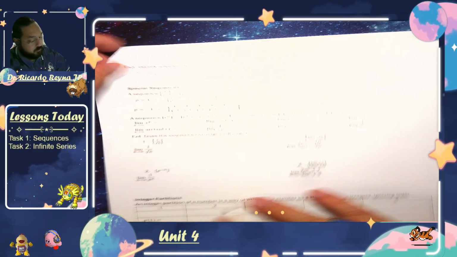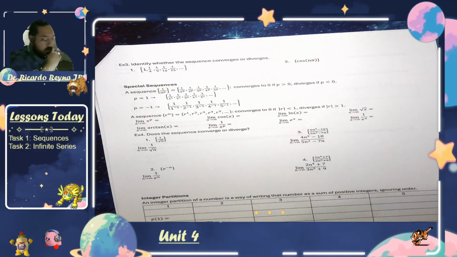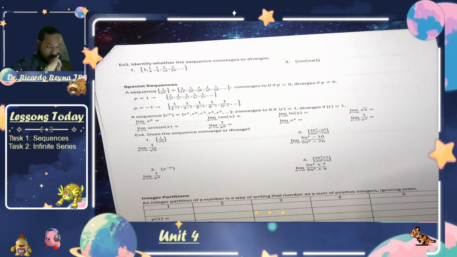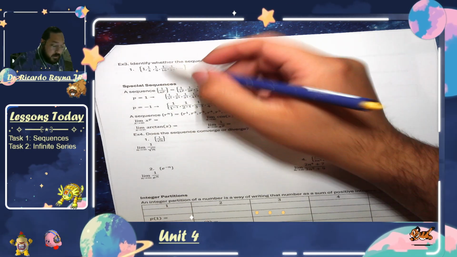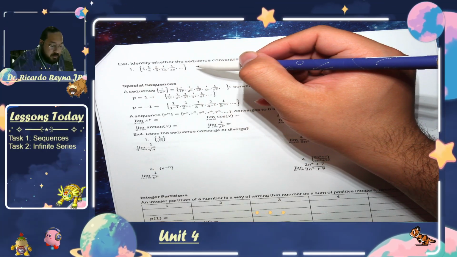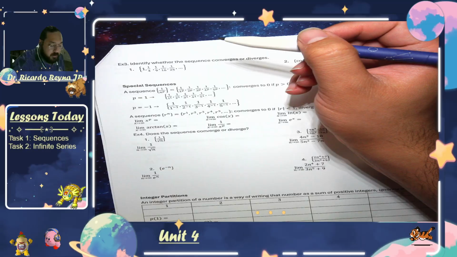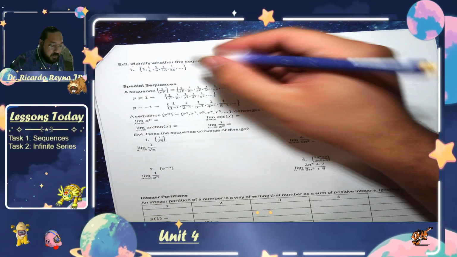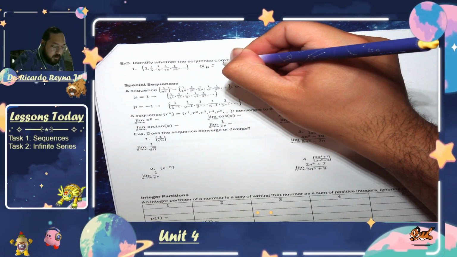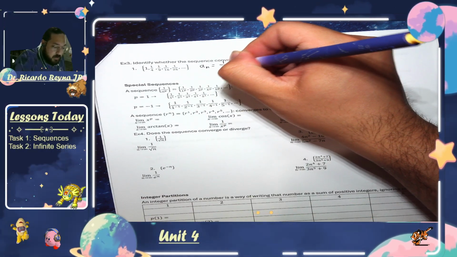Let's go over here. Identify whether the sequence converges or diverges. We can see here that this number is getting smaller. And we could even give it a label. We can say a_n is definitely just 1 over n squared.